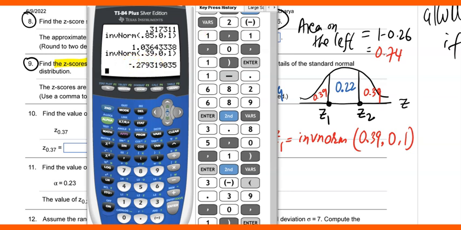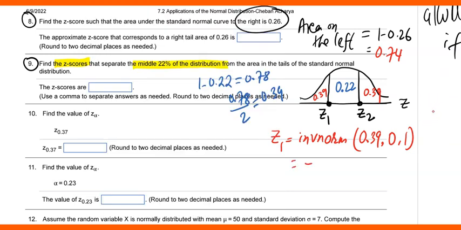Makes sense? This point is negative 0.28. In other words, this point z1 is negative 0.28.